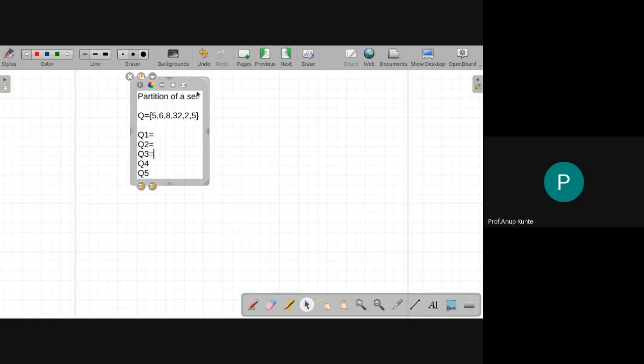Now these five sets have a common property that you are going to tell me what that common property is. You will be telling me what common properties these sets have.